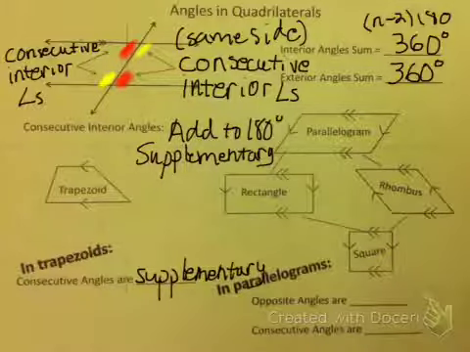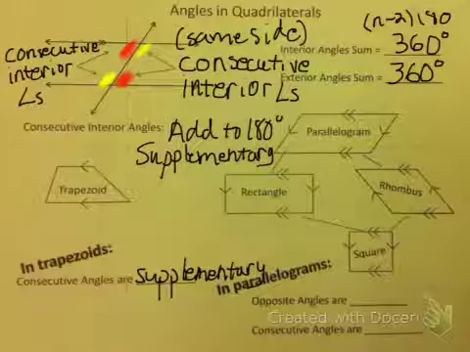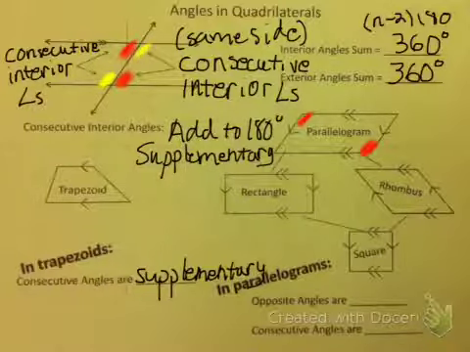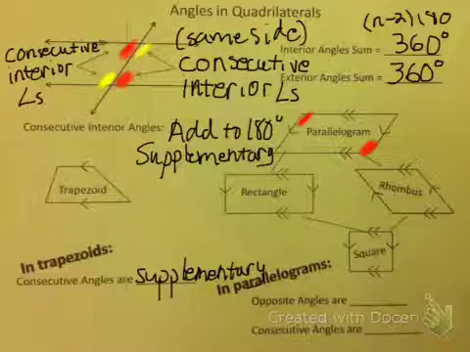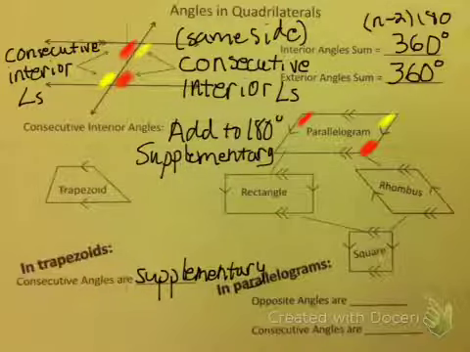Now let's look at our parallelogram. Do you see the consecutive interior angles in the parallelogram? Let's go ahead and color this angle and this angle. What do you notice about those angles? Well, those are congruent. So let's look. Okay, I had to switch to my yellow. Let's look at this angle and this angle.